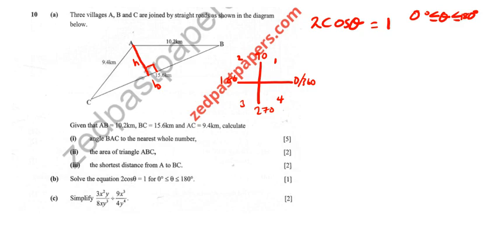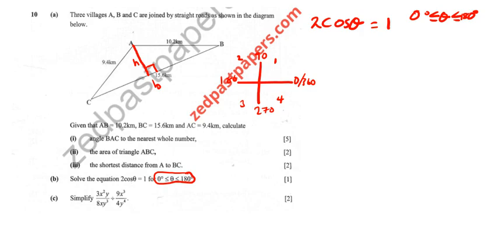Now they have said that our answers should be in the range of 0 to 180. So we are just considering the first quadrant and the second quadrant. So our answers must be in the first and in the second.